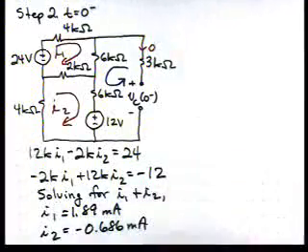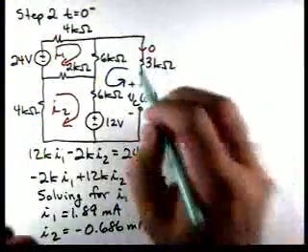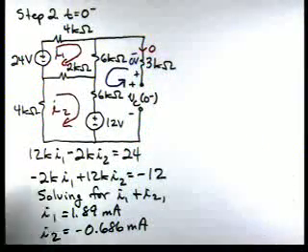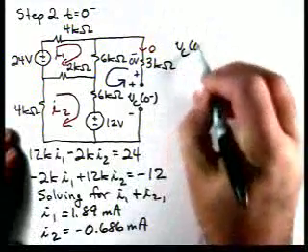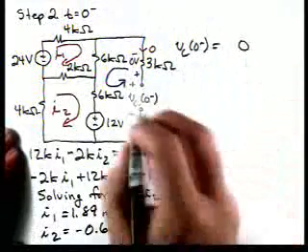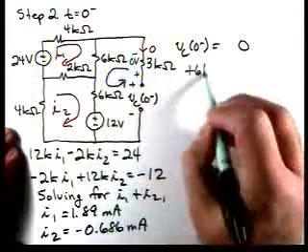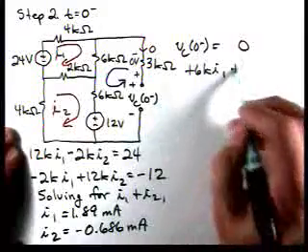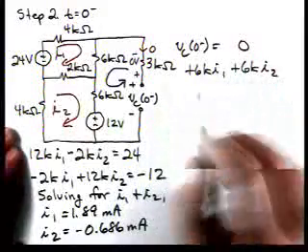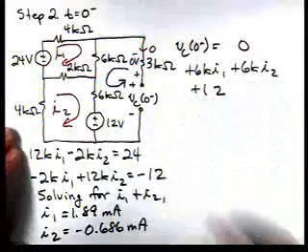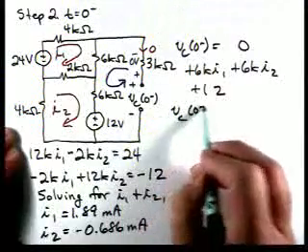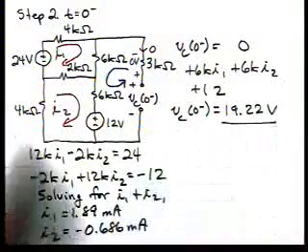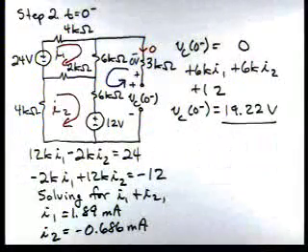If we start off, we know the voltage here is going to be 0. So if we start, we'll have VC0 minus is equal to 0. Coming around, we have 6K I1, and this is the voltage here, plus 6K times I2 plus 12. If we plug in the values for I1 and I2, we get VC0 minus is 19.22 volts.